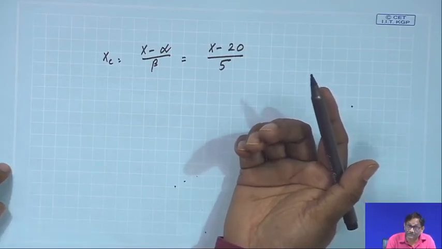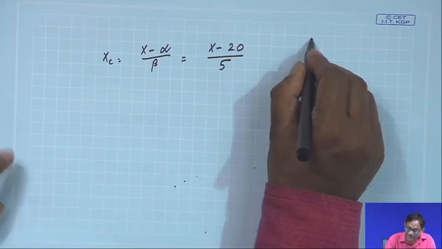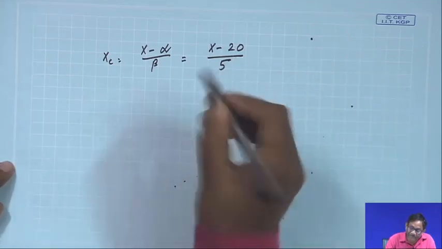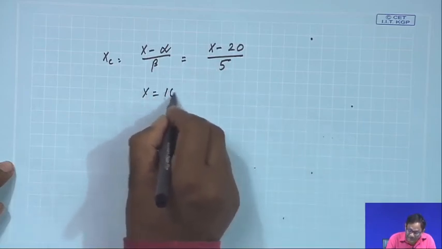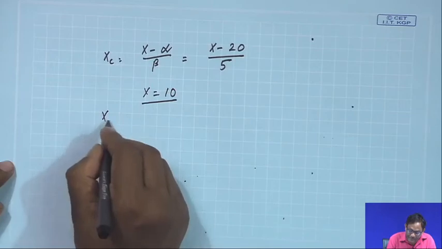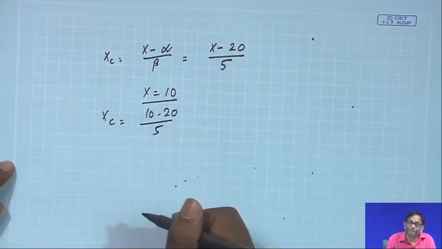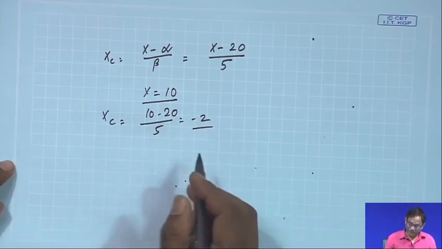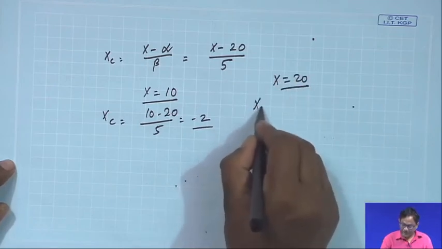Suppose it is not the minimum one, like 15 or 25%, let x equal to 10. What will happen to the coded value? That is (10 minus 20) by 5. It will become -2. Suppose x is 20, then the coded value becomes 0.